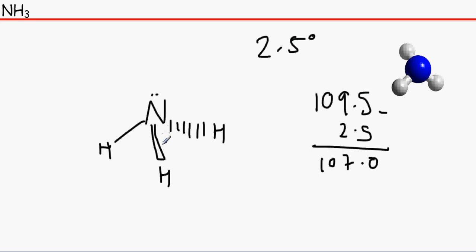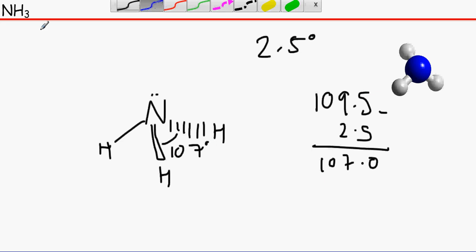So the bond angles here are 107 degrees, and this is because the lone pairs repel more than the bonded pairs. This is another thing you need to write in your 3-mark question in your test paper. You need to write that lone pairs repel more strongly than bonded pairs. And that's why we've got this angle here of 107 degrees.